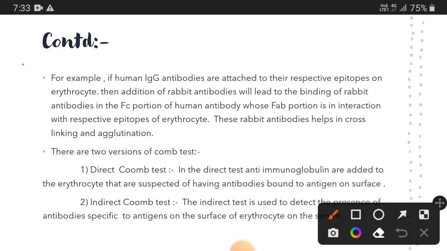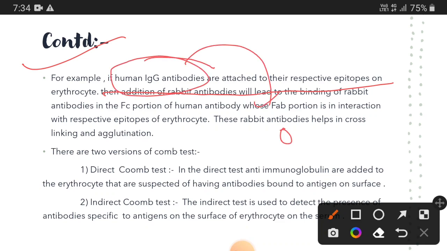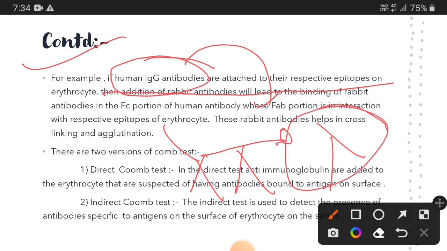So for example, if human IgG antibodies are attached to their respective epitopes on erythrocytes, then we will add those human IgG antibodies into a rabbit and there will be formation of anti-human antibody in the rabbit.